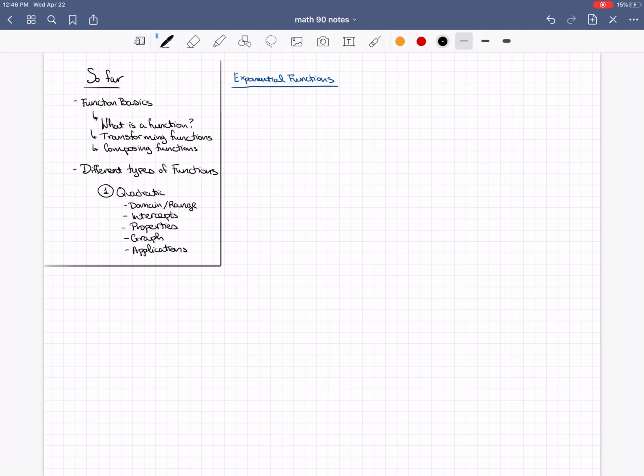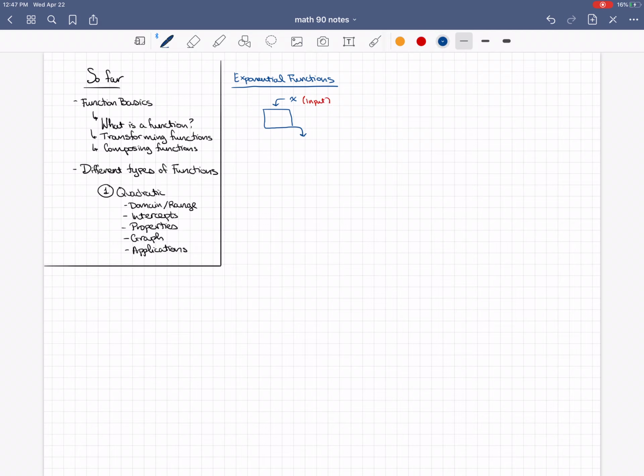The next function on our agenda is a big class of functions known as the exponential functions. So I never want you to forget, going back to the basics, that a function fundamentally works the same way. You have an input, which we've been calling x, but it doesn't have to be x.